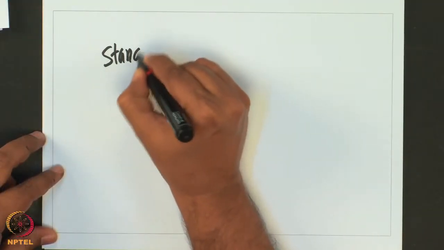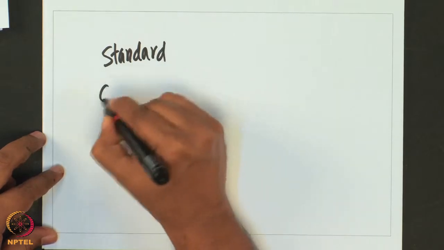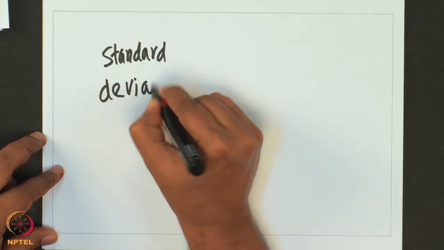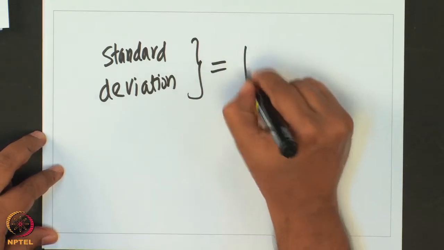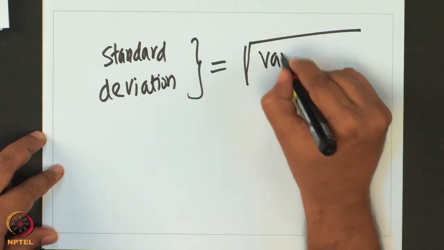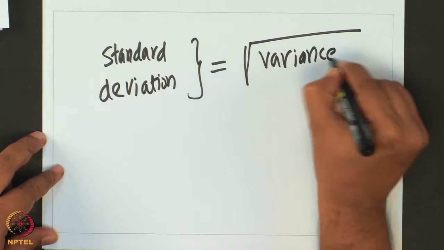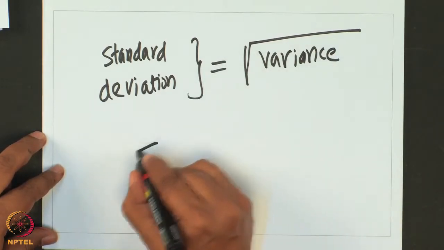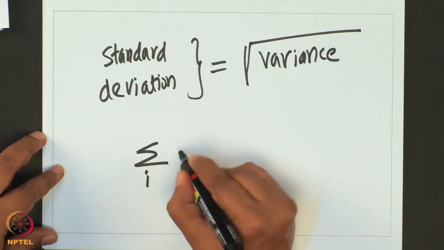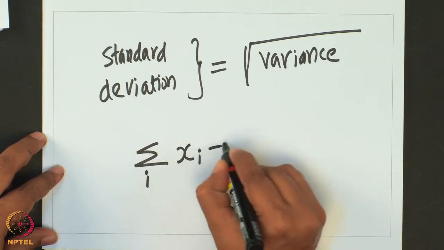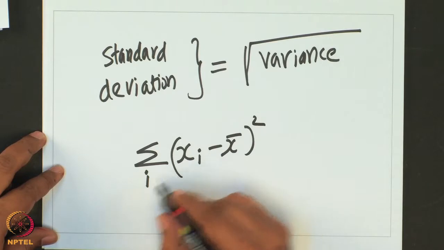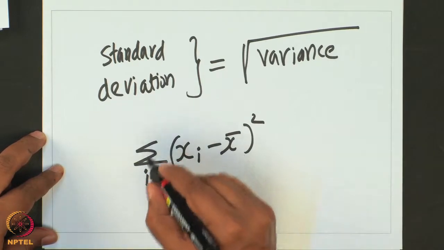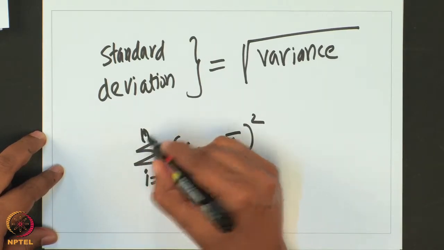So let's write. Standard deviation is the square root of variance, which is nothing but you take all numbers, subtract the mean, square it and sum from 1 to n.